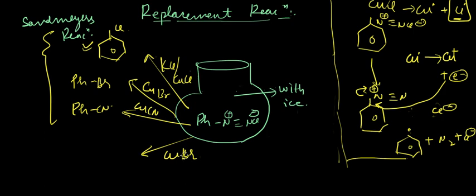If we have CuBr, then Sandmeyer reaction will take place. Rather, if we have only copper and we have KBr, then Gattermann synthesis takes place, in which we get Br attached here. This is known as Gattermann synthesis.